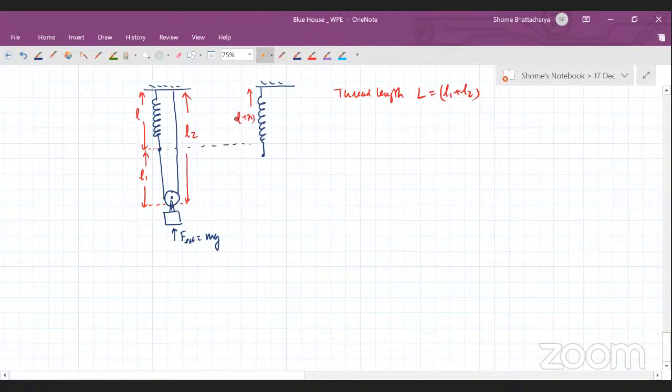It's become L plus X. And the block and the pulley together have displaced by S downwards like this. The block has developed a speed V.